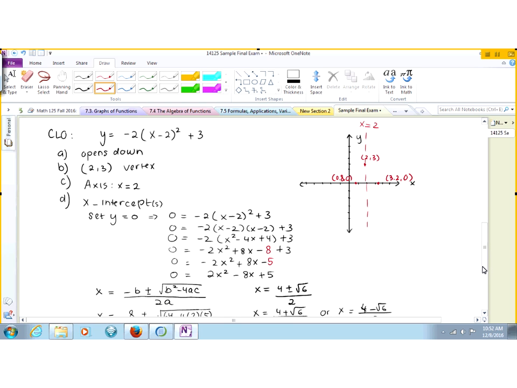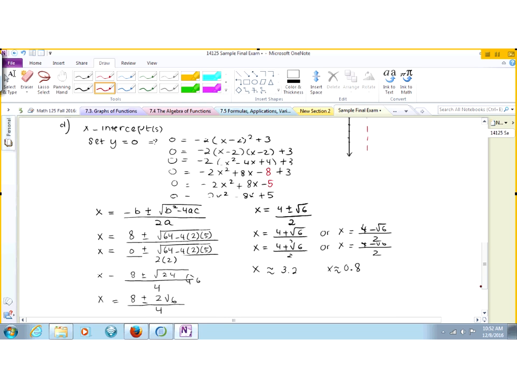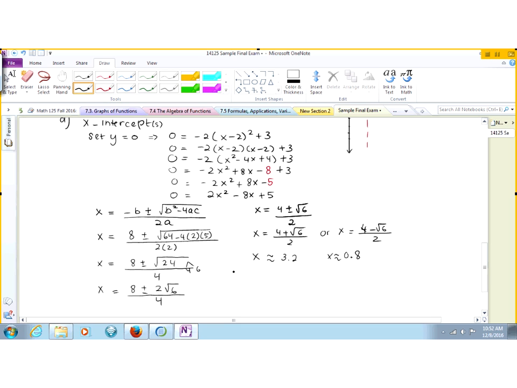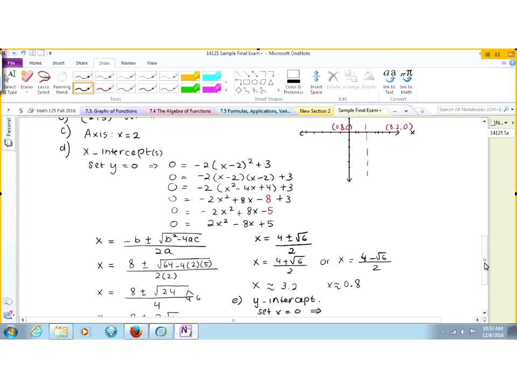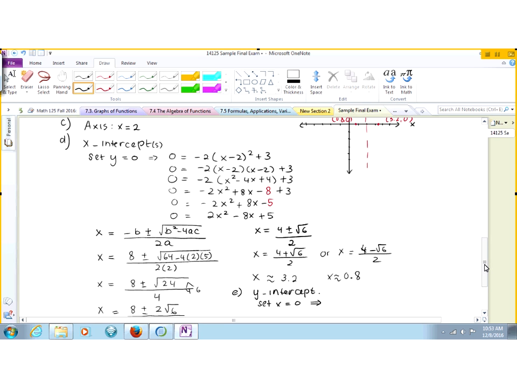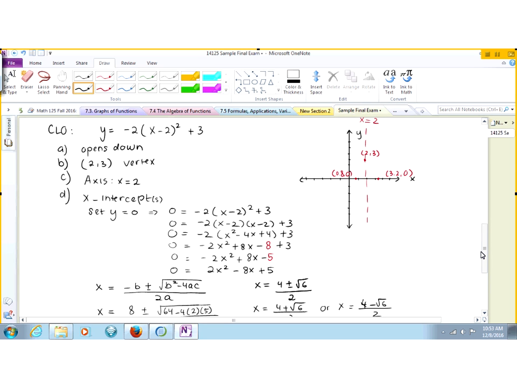Okay. Good. Now, y-intercept. Maybe I should just do it here. How do we solve for y-intercept? Yes. So this is easier. Y-intercept is easier if you have a parabola that opens up or down.